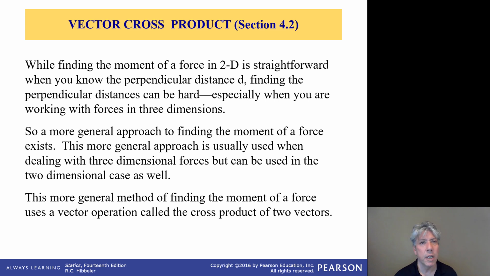It can be really difficult to find the components of the moment arm in x, y, and z, if we're talking about three dimensions, and the x, y, and z components of the force. But if you simply take the cross product, you'll get the same thing. So it's a more general method, and it's really the heart of the operation.